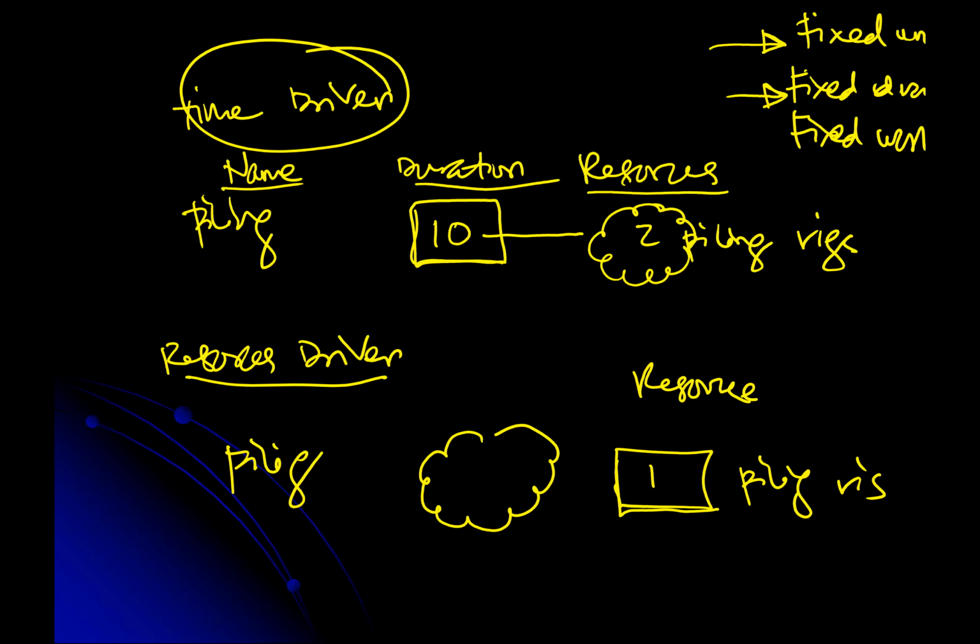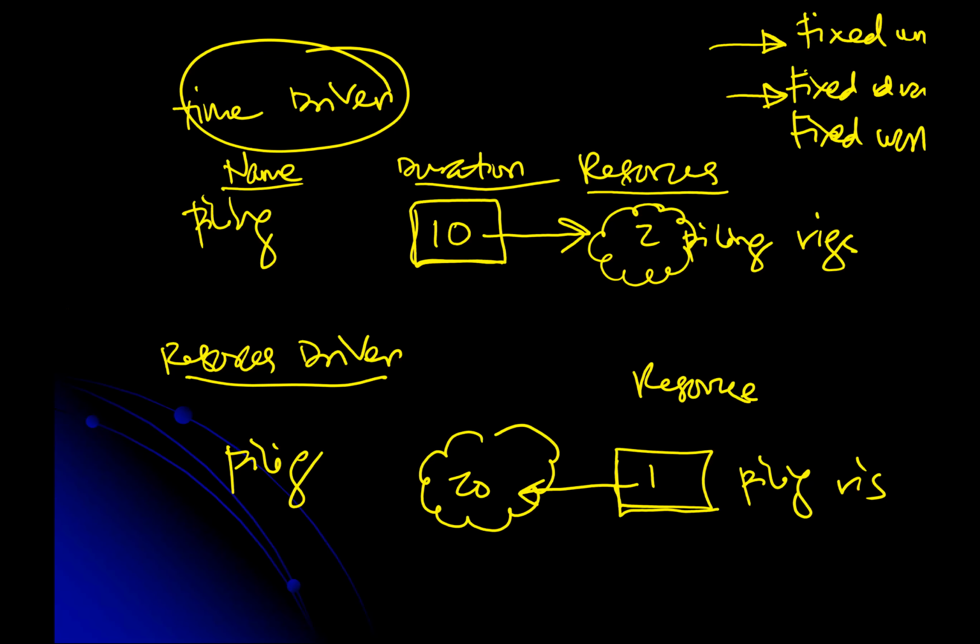If 10 days, then we need 2 piling rigs. If it is 1 piling rig only, automatically you will need to extend your work to 20 days, because the available machine is only 1. Both situations are basically the ones that we people use in the construction industry, actually without even realizing the concept. People have been using that again and again.